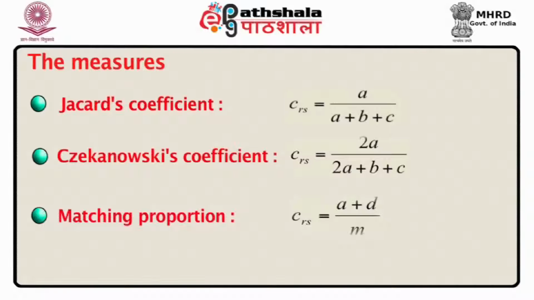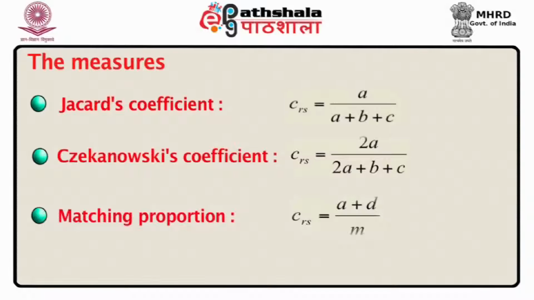Now, if you look at these three measures, the first two are usually used when the variables are of the presence or absence type, whereas the matching proportion is used when we have variables of the success failure type.